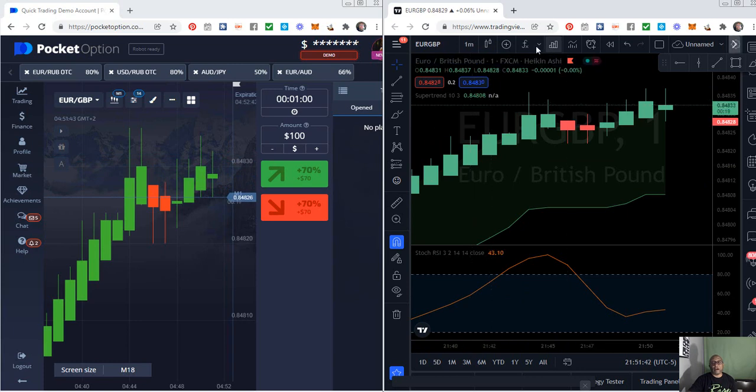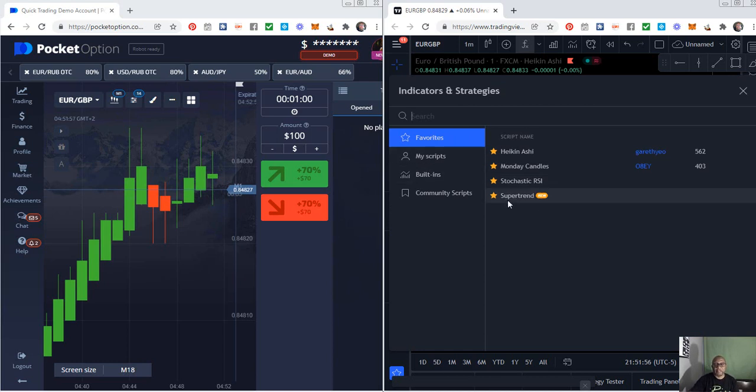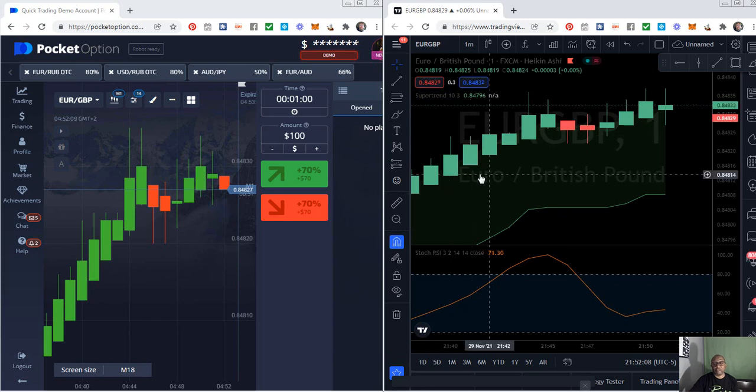If you don't know how to get it on your chart, you just simply go here, click on indicators. When you get there, you type in Super Trend. It'll come up like this. You see it's brand new here, and then you just click to add the star as your favorite, and it'll always be in the back like this here. So you want to do the Super Trend, and it should already come up at 10 and 3. Don't have to change anything.